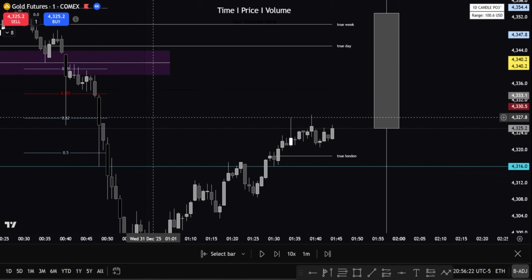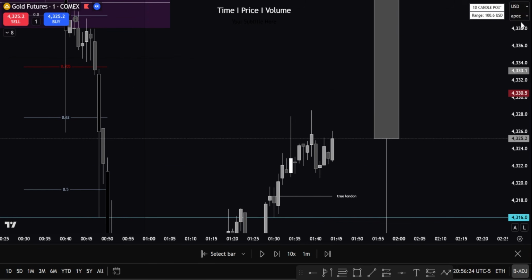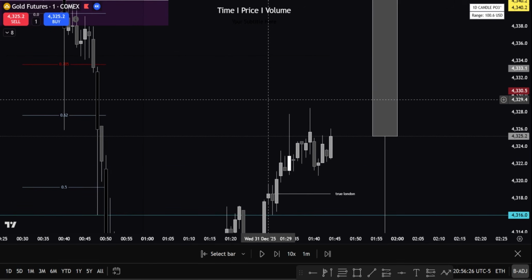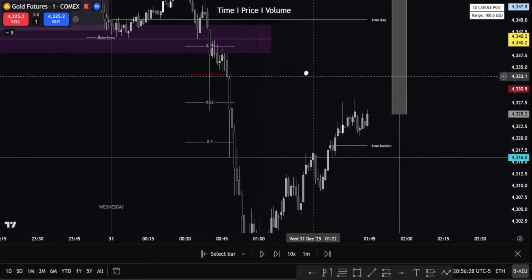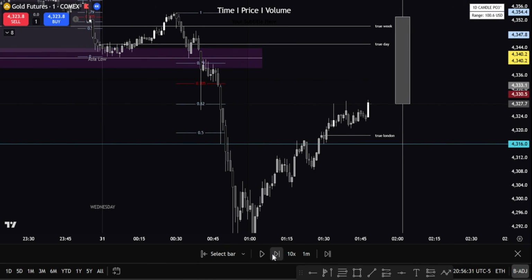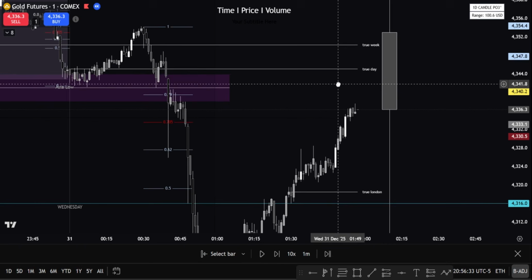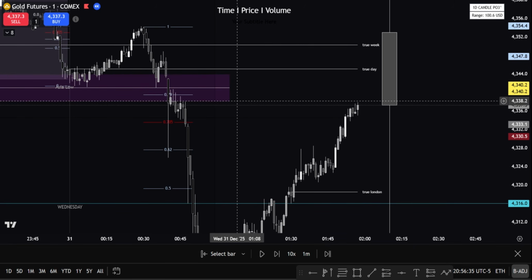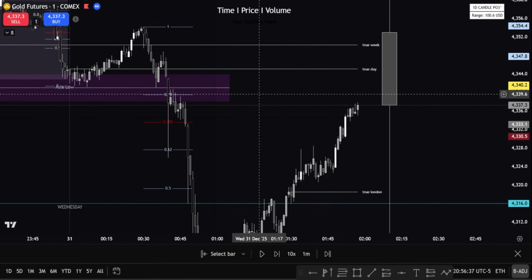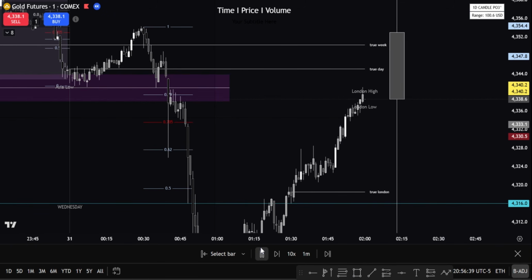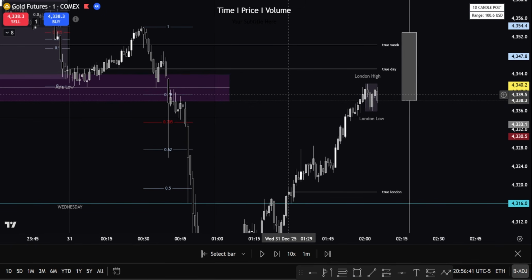We did react from here, but I think that actually this looks like a CRT. This is something I'll probably take. I think we're going lower from here. Nope. Right. So we meet the next level, which is this OT. Taps into it.